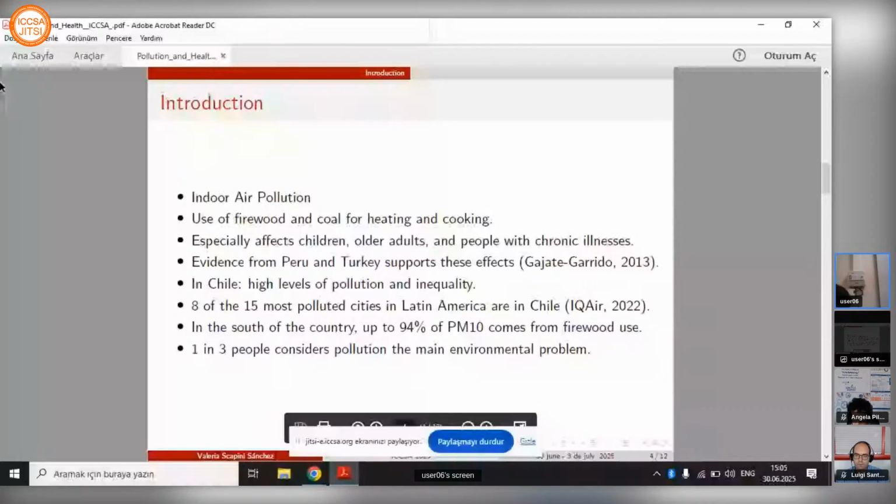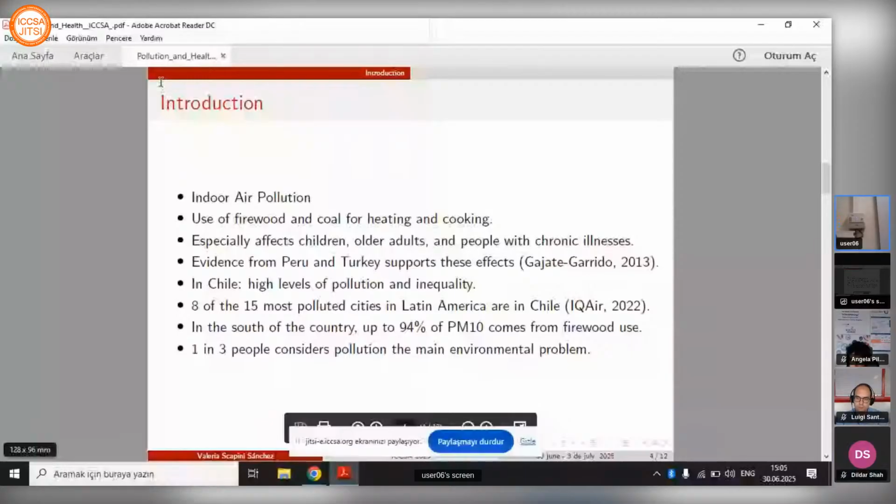It's very cold, and people usually cook with solid fuels, heat the home with solid fuels, and heat the water using solid fuels. There is not a lot of evidence in Chile related with indoor pollution and health, because the studies are very expensive, you need to put instruments inside the house, and the studies are very small cases.